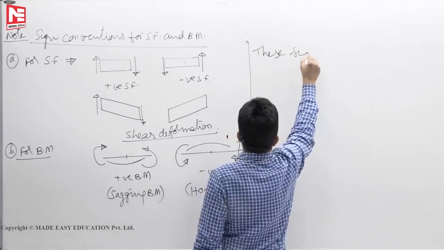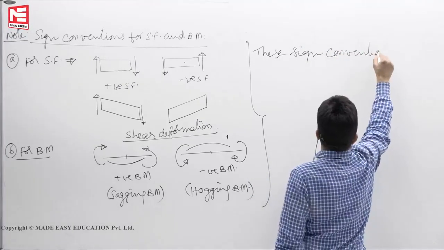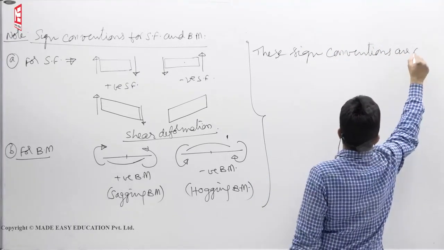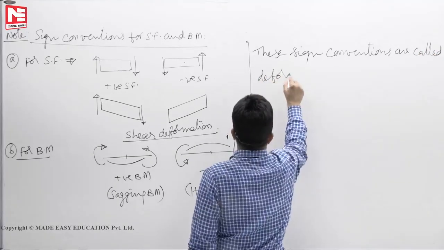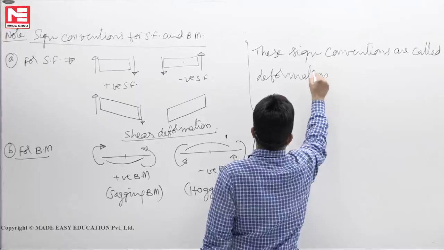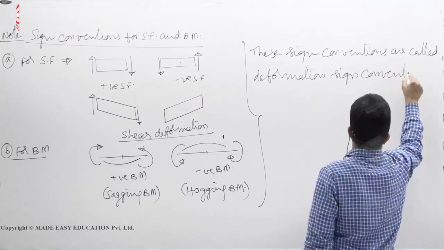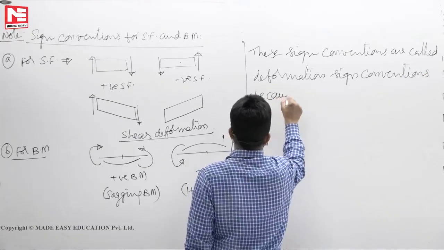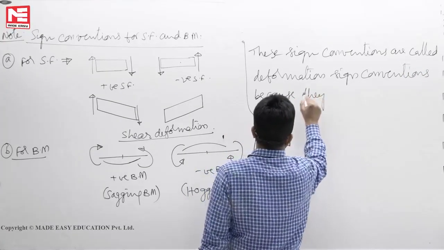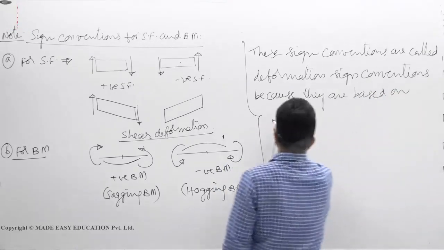These sign conventions are called deformation sign conventions because they are based on deformations.